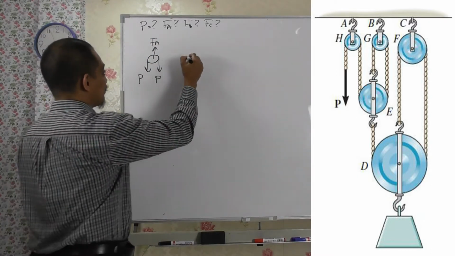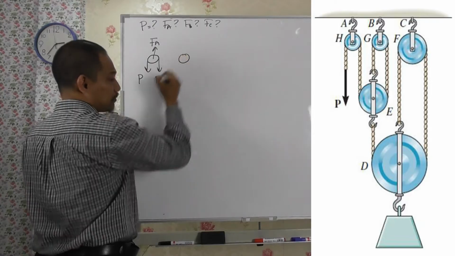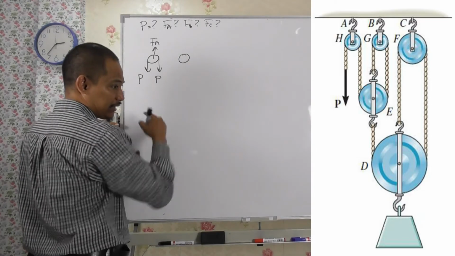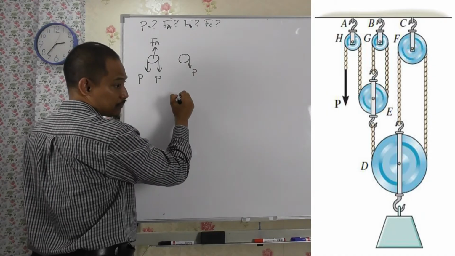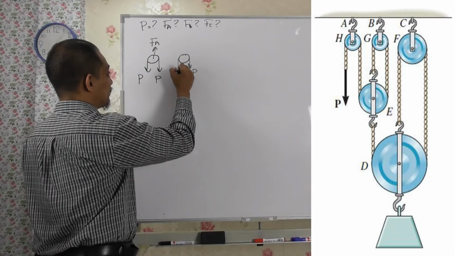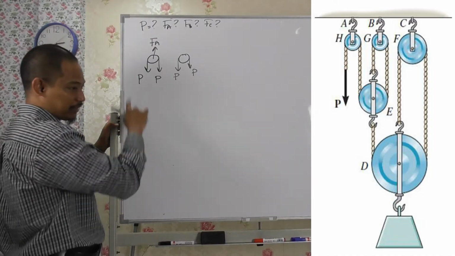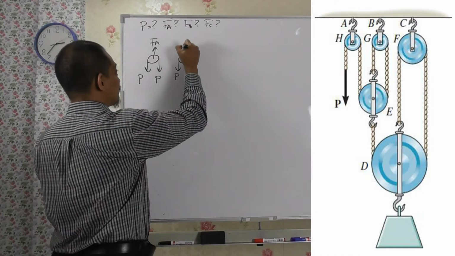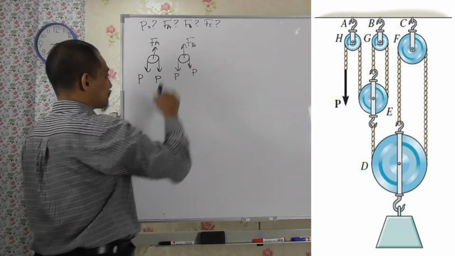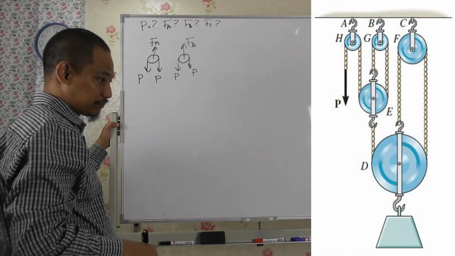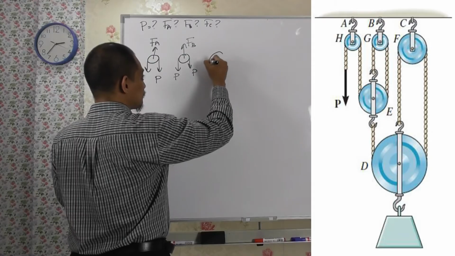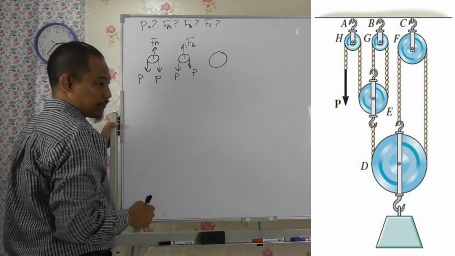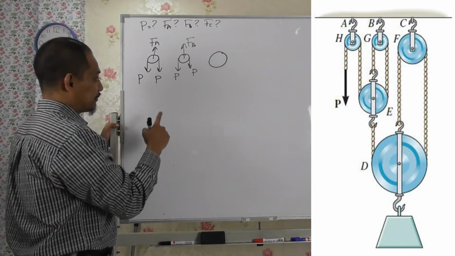On the right side there you have another pulley, and this is the same cable, so this is still P, and this is still P, right? The cable goes around, and then this is FB, and then you have a bigger one here. So we'll leave that one first.